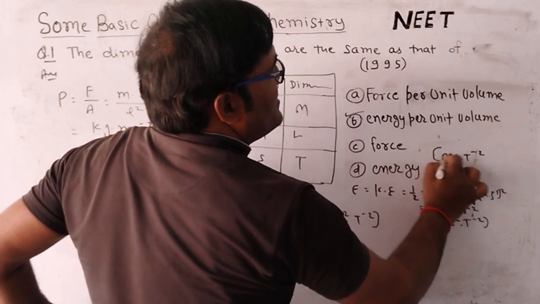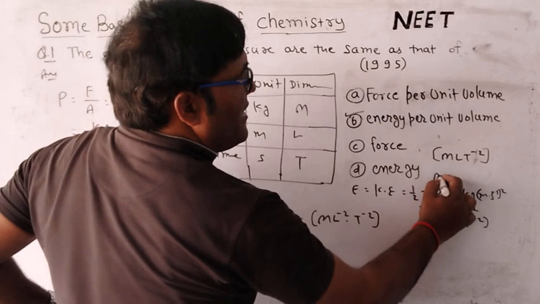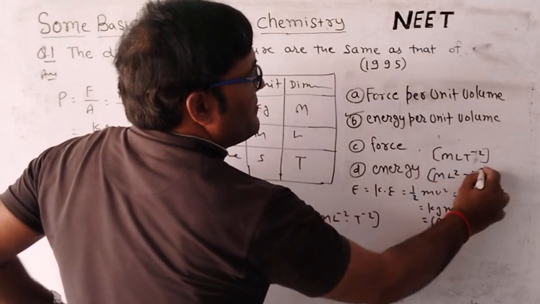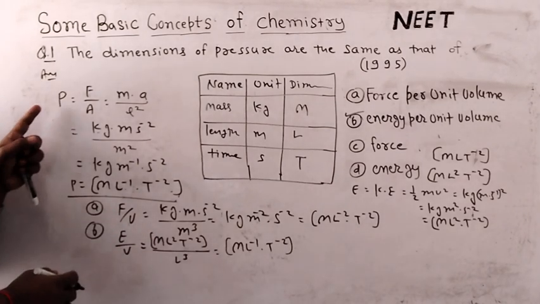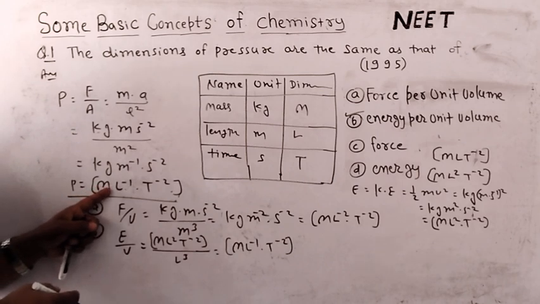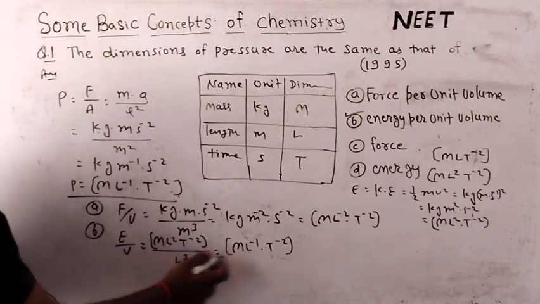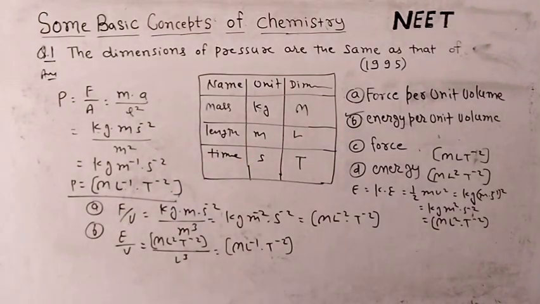So this is the dimension of force. In case of energy, dimension is M L square T inverse square. So finally all dimensions are found. Now one by one you can match. The dimension of pressure, M L inverse T inverse square, matches with option B. So option B is correct. Now the question is solved. You can take a screenshot.